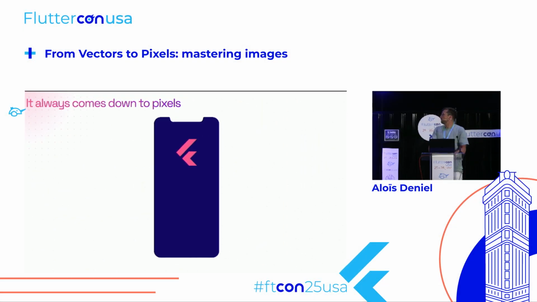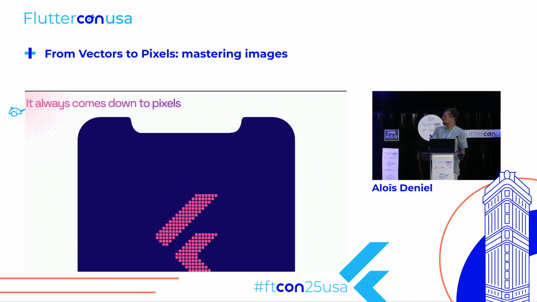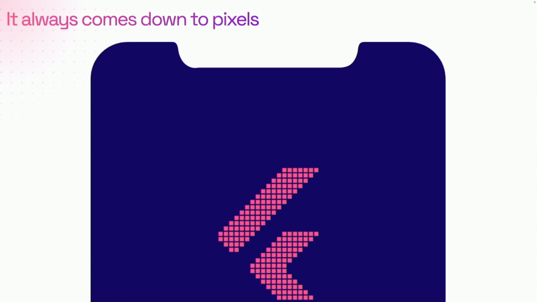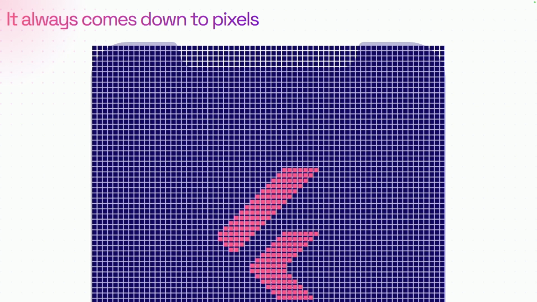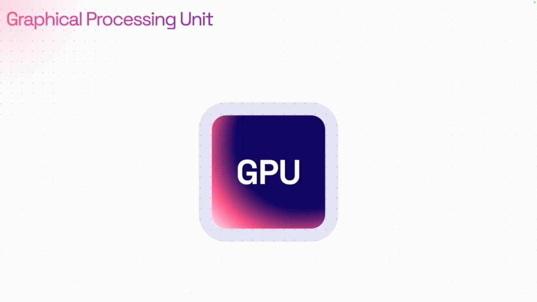So let's start with the basics of the basics of computer graphics, the pixels. As you may know, any screen is just a matrix of pixels, each of which emits a particular color. The resolution of the screen is the size of this matrix. And the GPU is responsible for producing this matrix of colors. The graphical processing unit is a chipset in your device which is responsible for that.